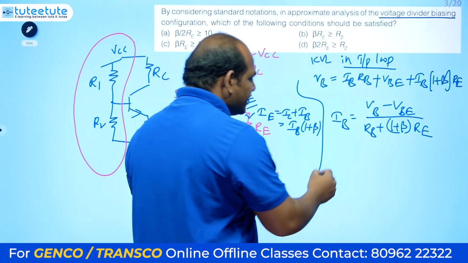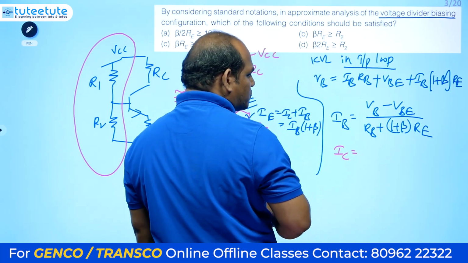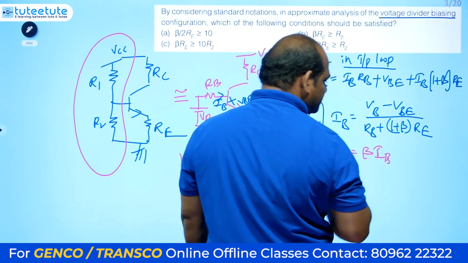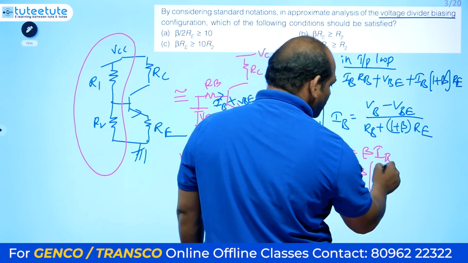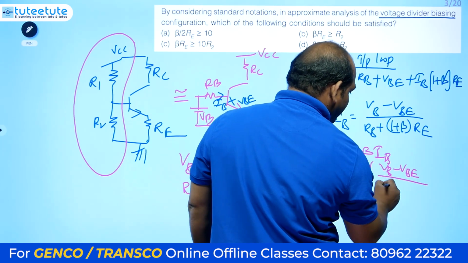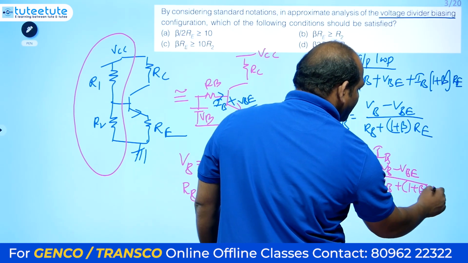So actually we need to have the collector current because it is one of the coordinates of the quiescent point. So IC is equal to beta IB. Okay. So see carefully here, IC is beta into VB minus VBE by RB plus 1 plus beta into RE.